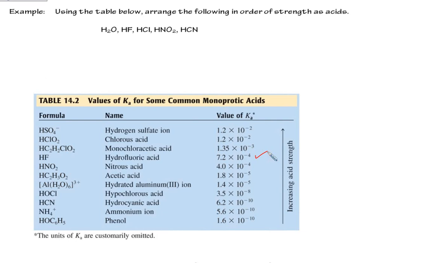This one I do have a K value for. Hydrofluoric. Let's write that one down. Ka. It's pretty small, 7.2 times 10 to the negative 4. Do I know a dissociation constant for water?